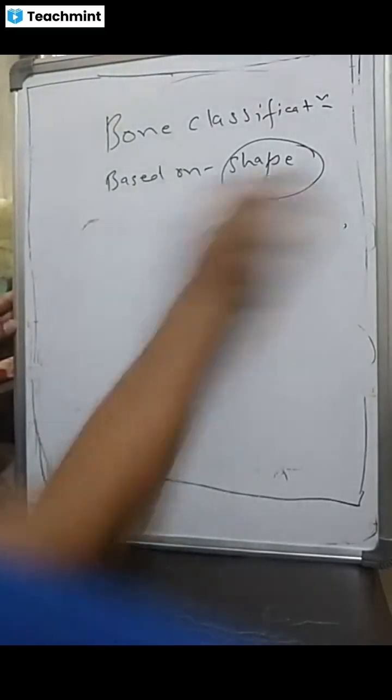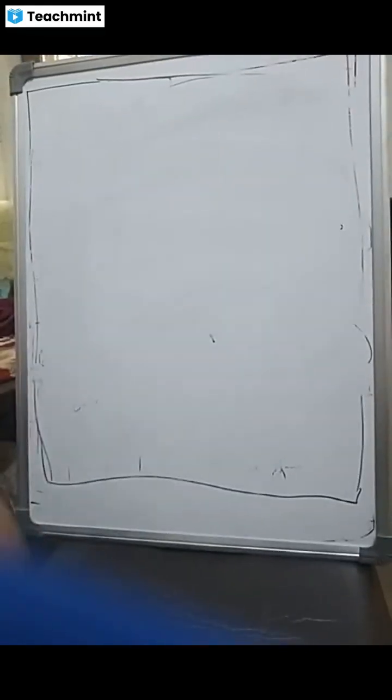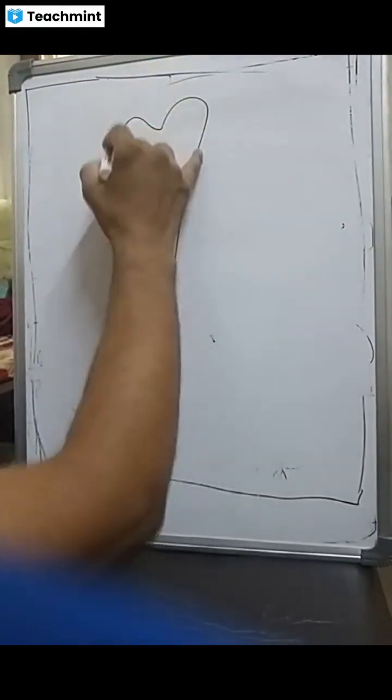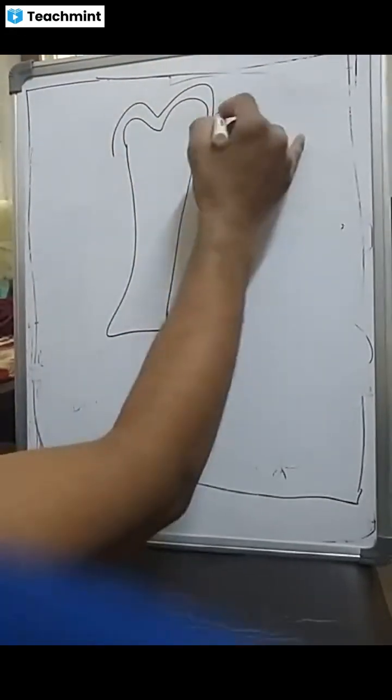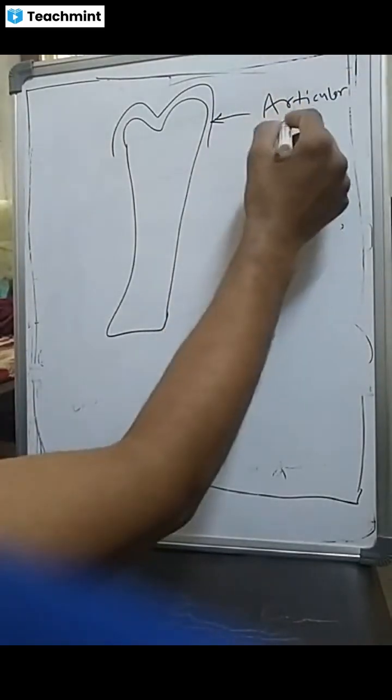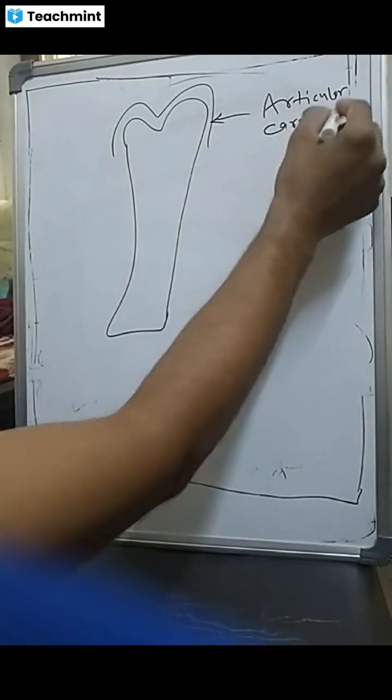So, if we see the parts of a long bone, this is the articular cartilage.